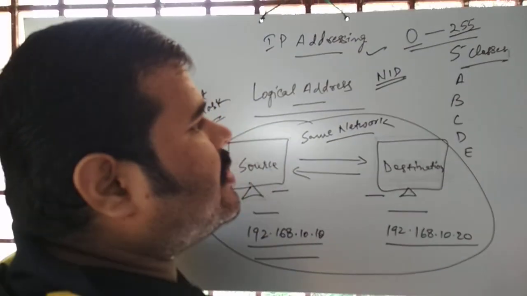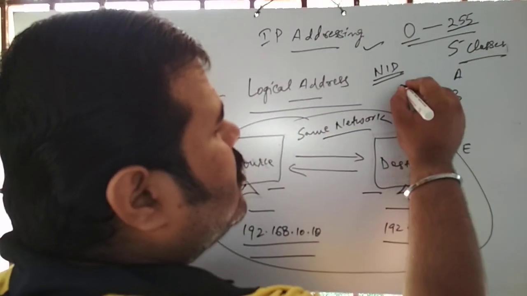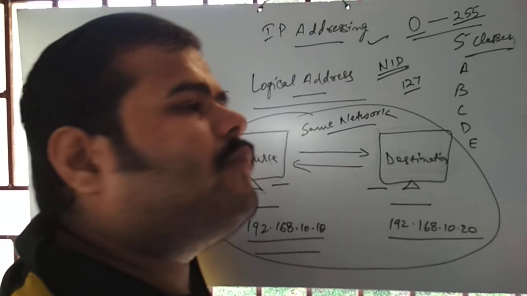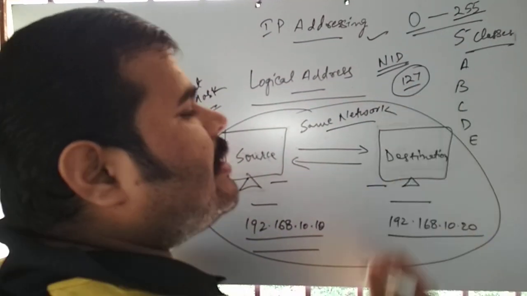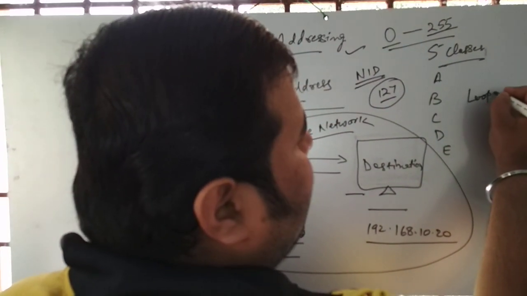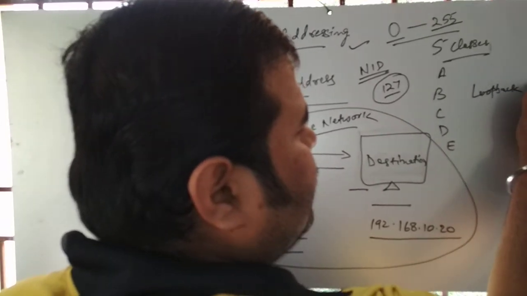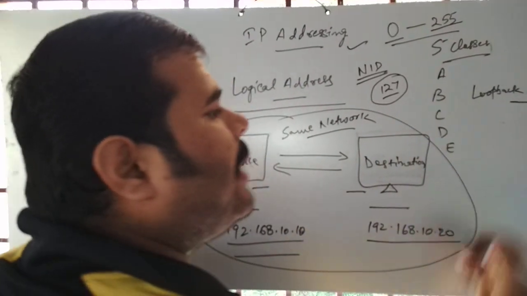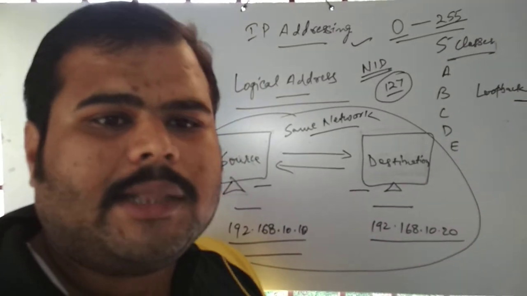There is one more address in this, that is 127. And what is 127? 127 is nothing but the IP range which gives you the loopback address. Now, what does this term loopback address mean?